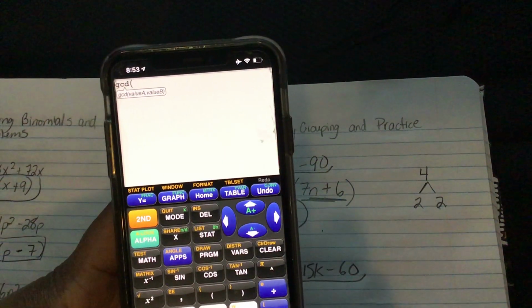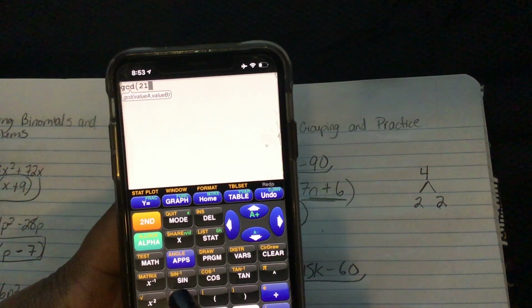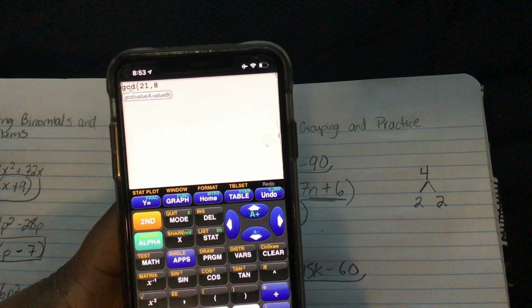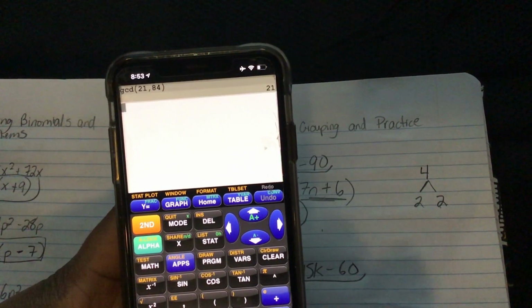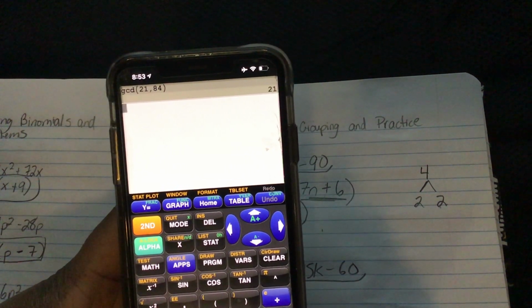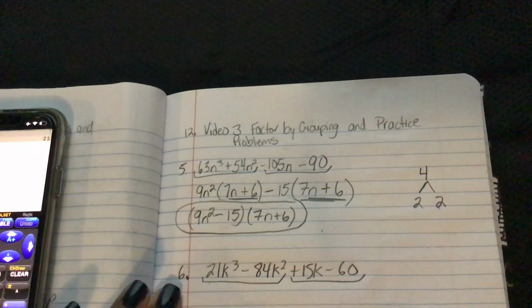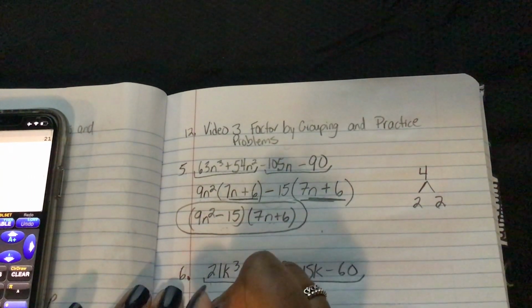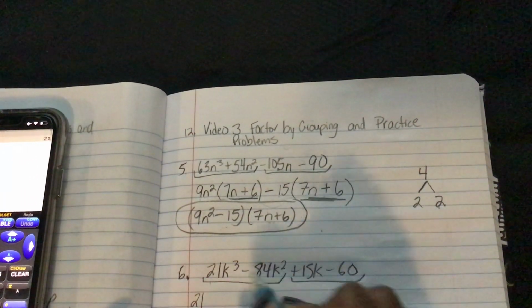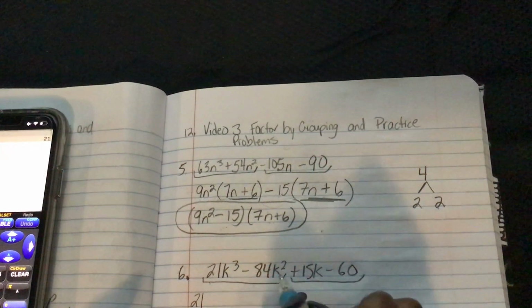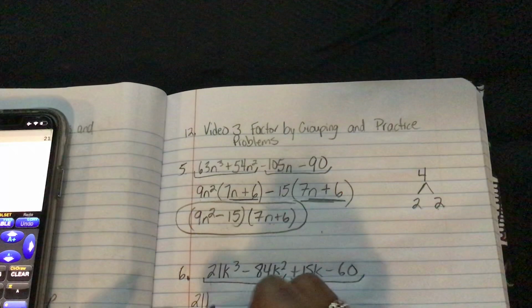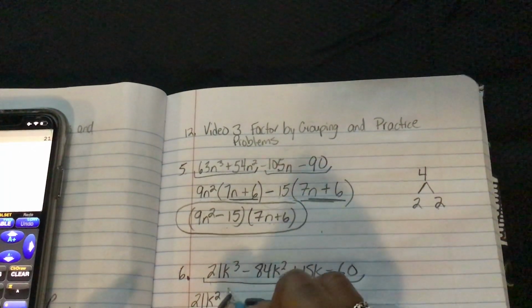So we type 21, comma, 84, close the parentheses and press enter. Okay? That's going to give us 21, so we can take out a 21. They both have at least 2 k's in common. This has 3 k's, this has 2 k's, so they at least have 2 k's in common.